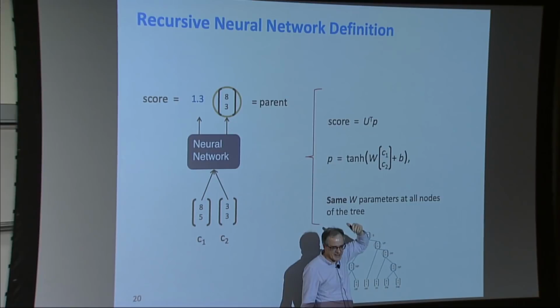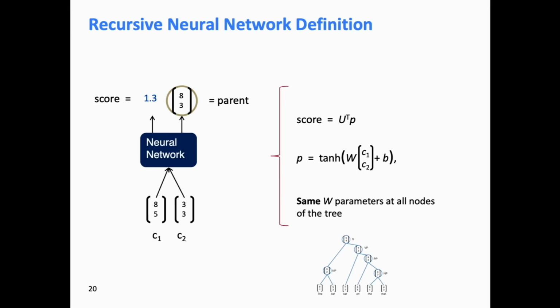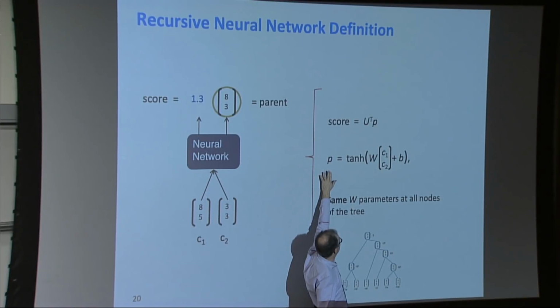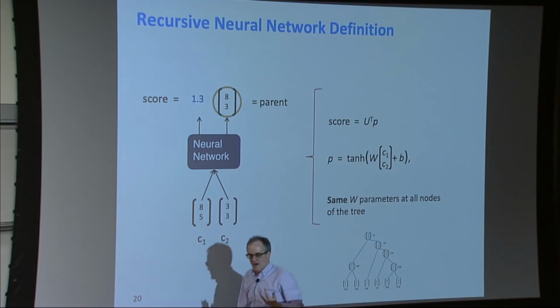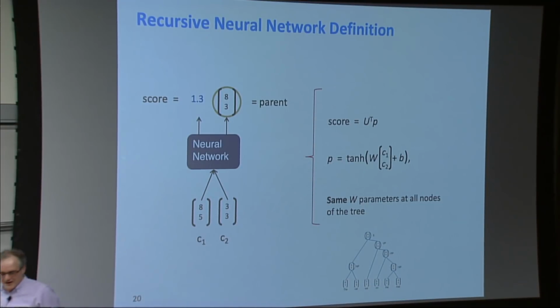This work is old enough that it's before things like ReLUs became popular, but maybe it's better to have a tanh anyway, more like a recurrent neural network. That gave the meaning of the parent. Then to decide the score of whether this was a good phrase, we took that parent vector representation and multiplied it by another vector, and that gave us out a number.